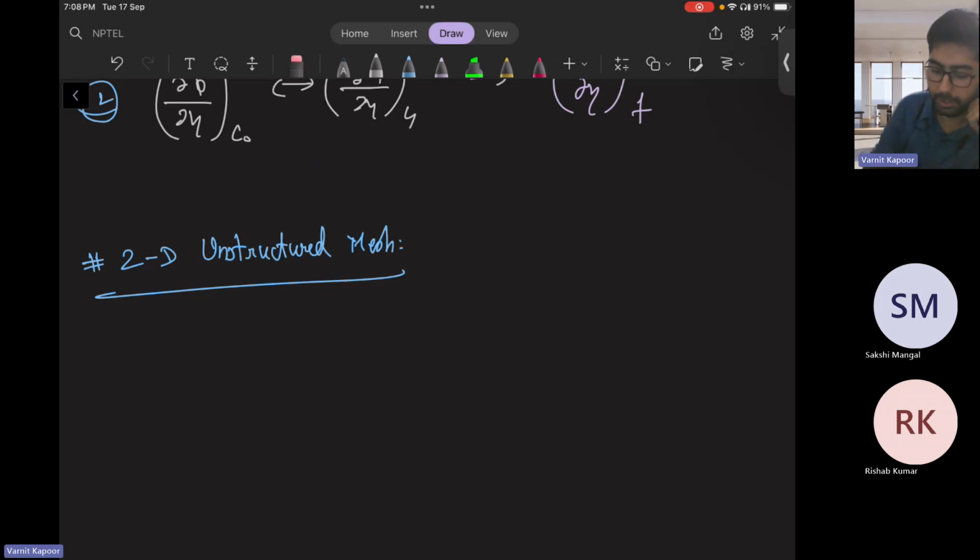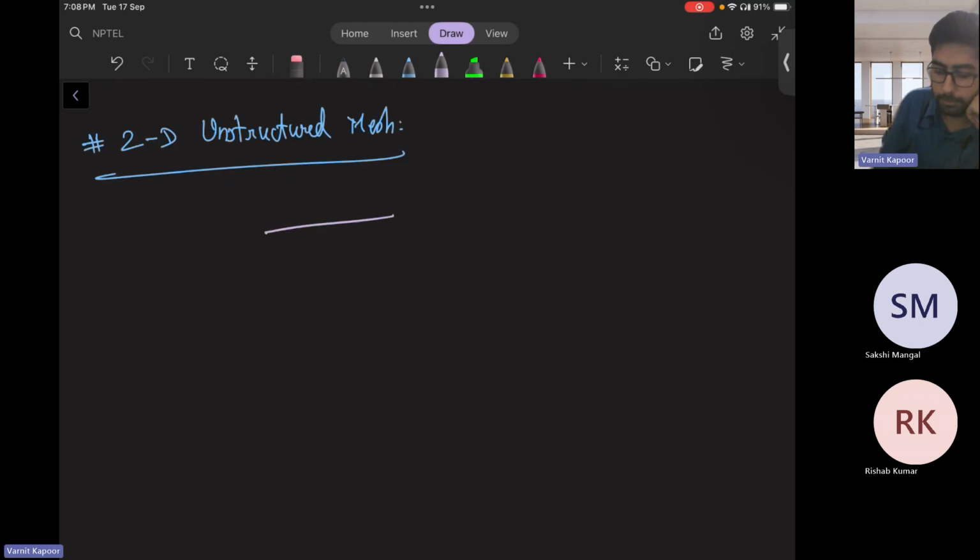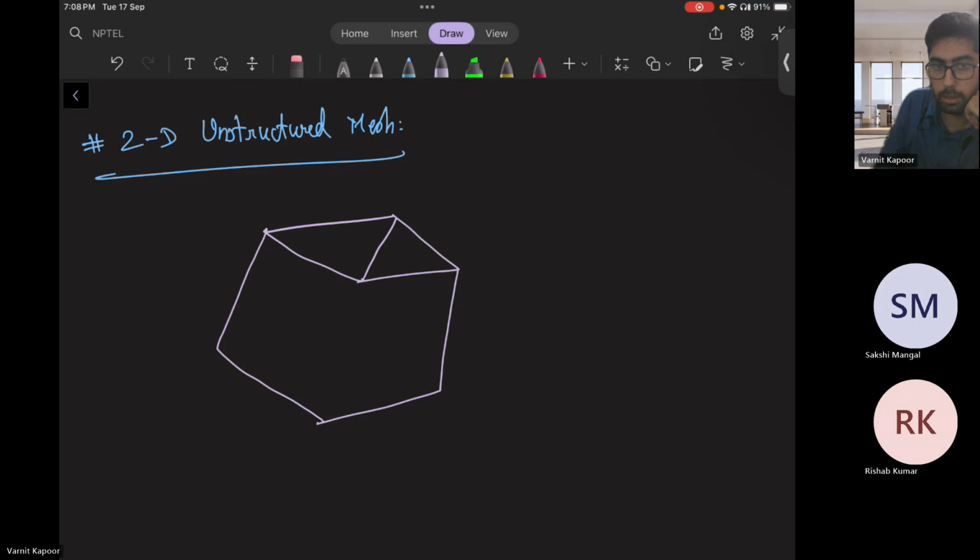So let me make some mesh, somewhat like this.